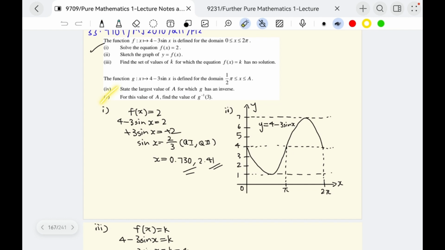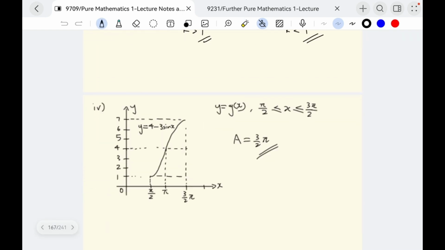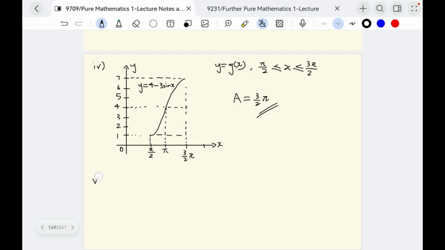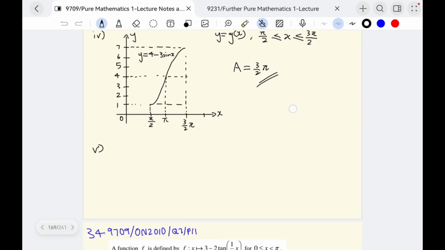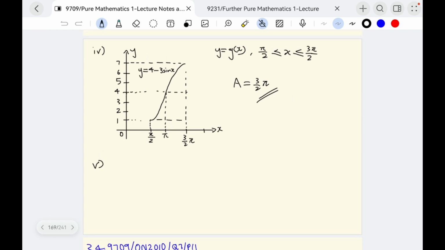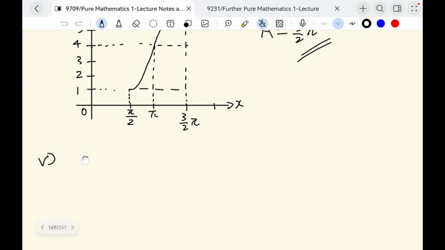Let's solve the last part, part 5. For this value of a, find g inverse of 3. Some people think that I have to find g inverse of x and then substitute 3. That is one of the methods, but for me, g inverse of 3 equals x, which if you convert back is g of x equals 3.